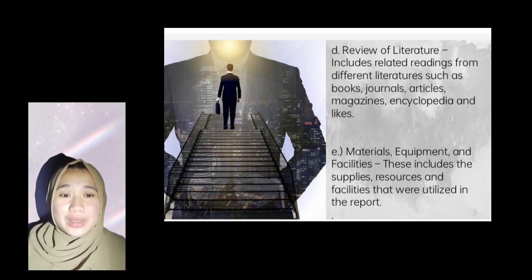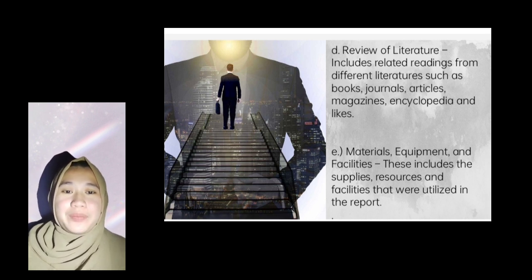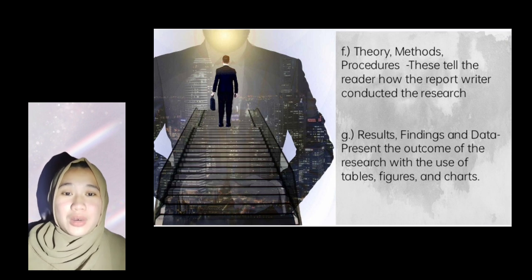It is the personnel, funding, or other support services used to conduct the research. Next, we have the facilities. These are the physical spaces or locations where the research was conducted, or the settings such as laboratories, libraries, or field sites.